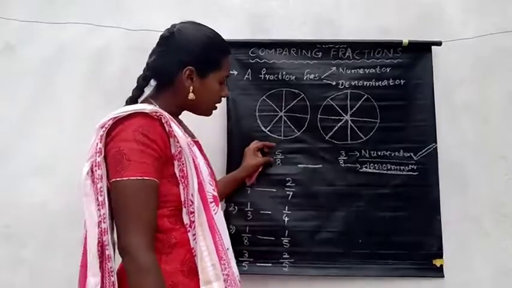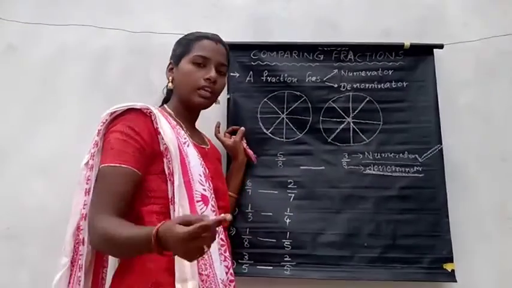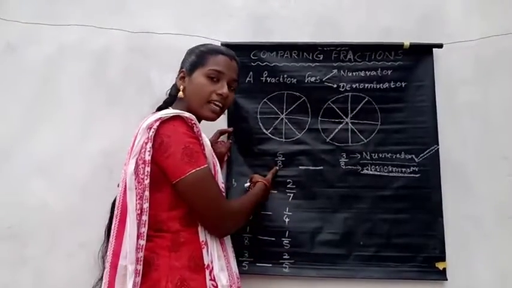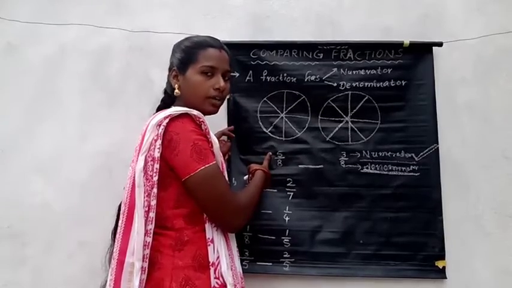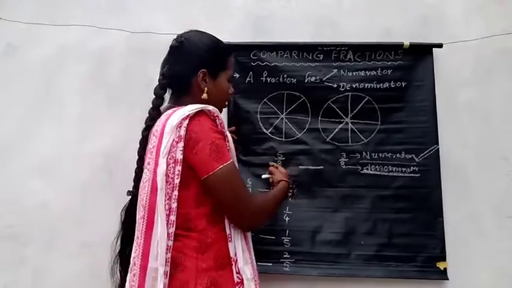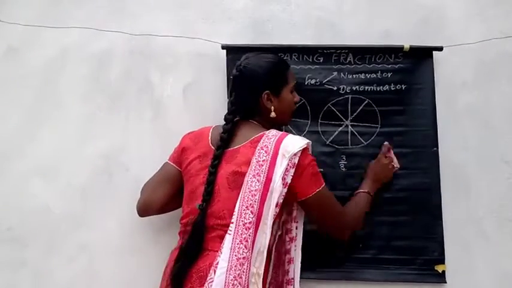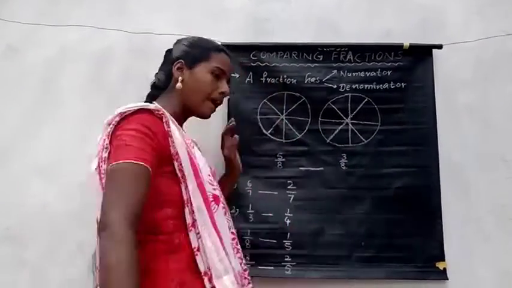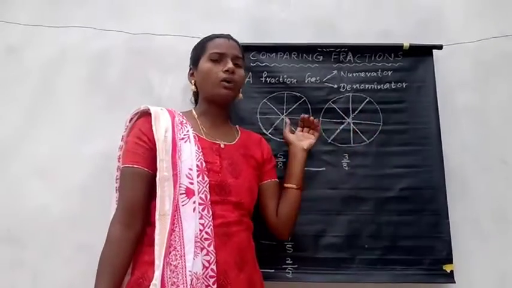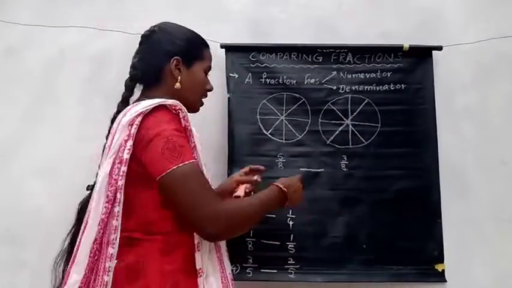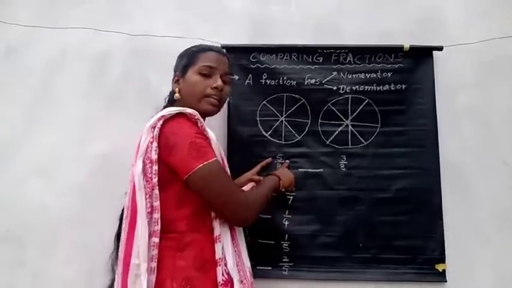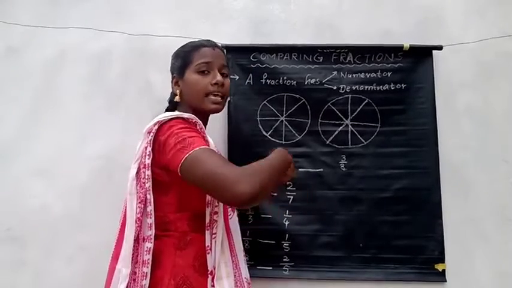By observing this fraction you should think, okay, here 8 whole parts are there, so 5 parts have been counted. First of all, in these two fractions, which one is the biggest? Compare these two fractions. How can you compare? The numerator shows how many parts have been counted.